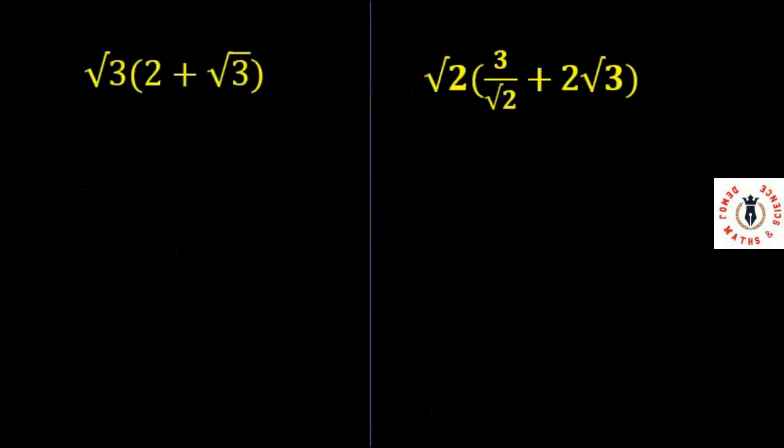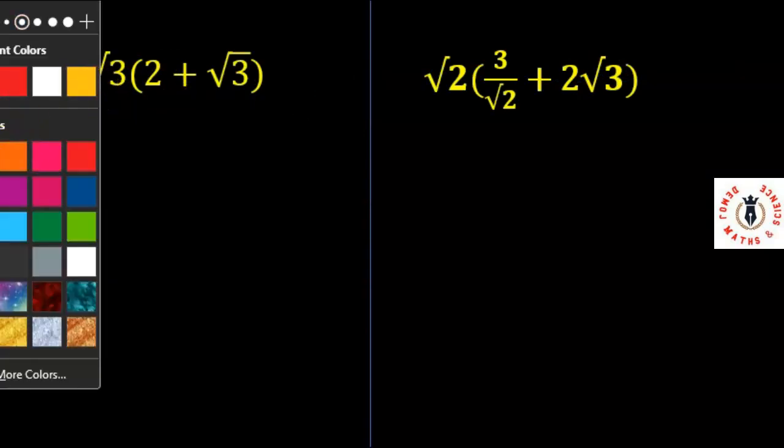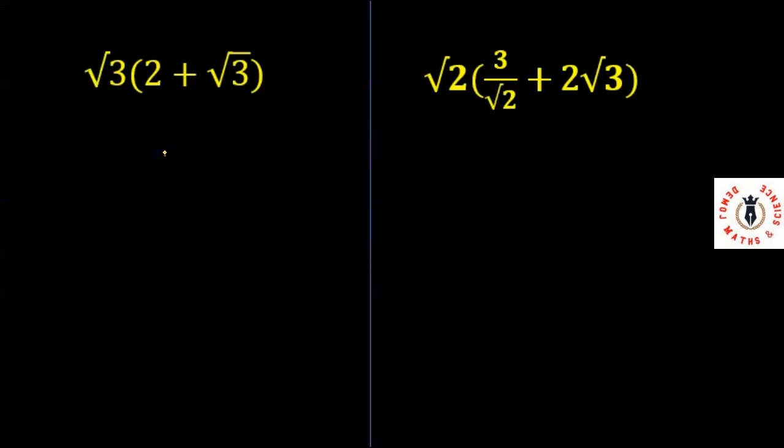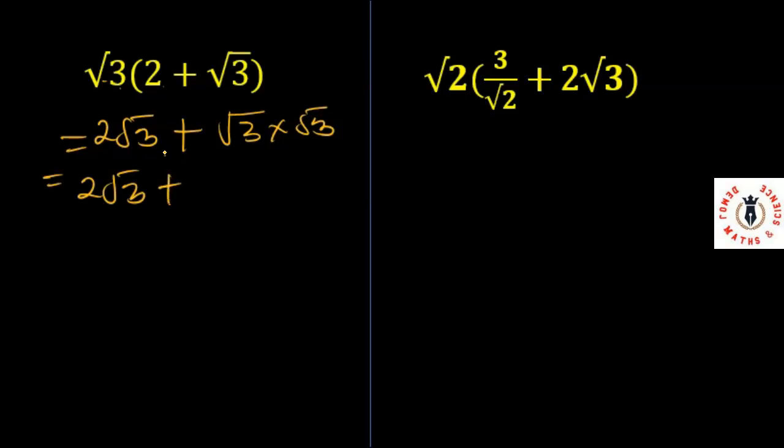The first example says the root of 3 multiplied by 2 plus the root of 3. Let's open this bracket first. The root of 3 times 2 becomes 2 root 3. Now, the root of 3 times the root of 3 becomes root 3 all squared.